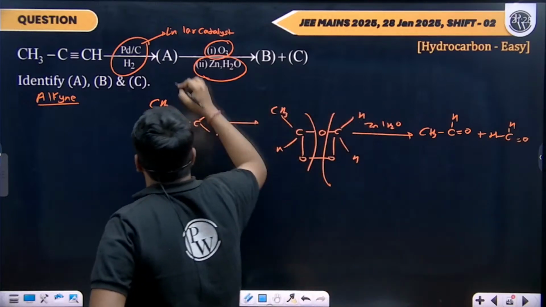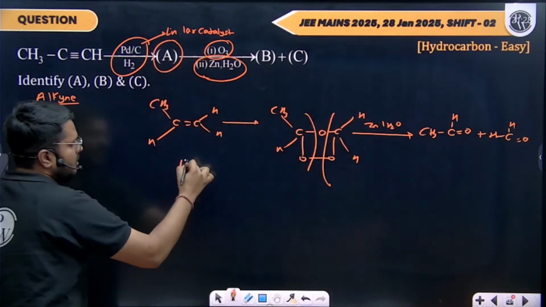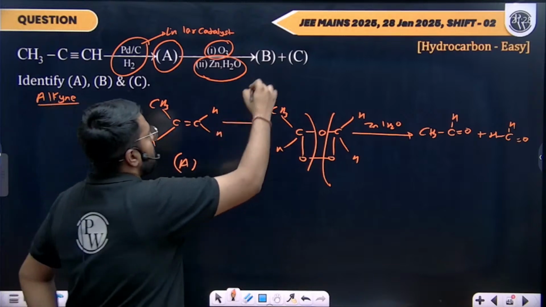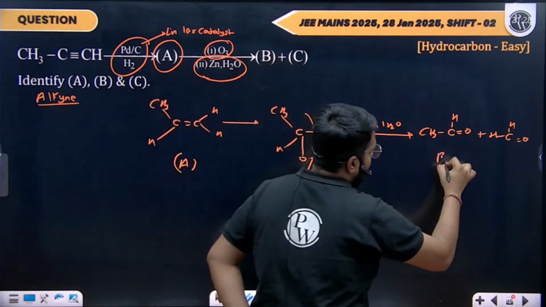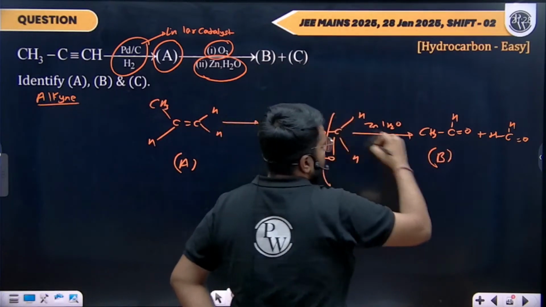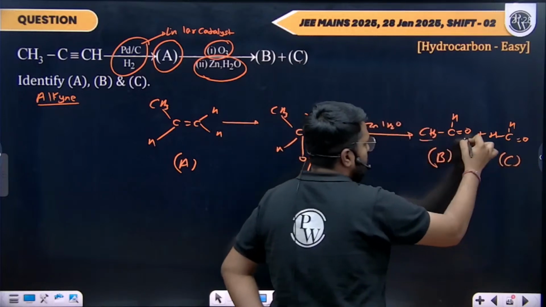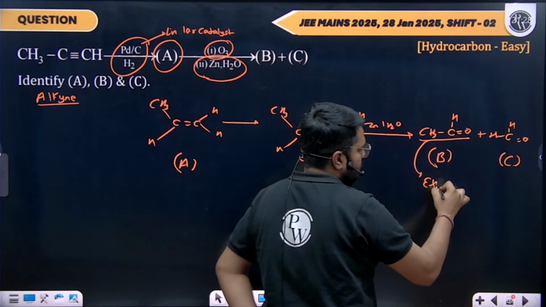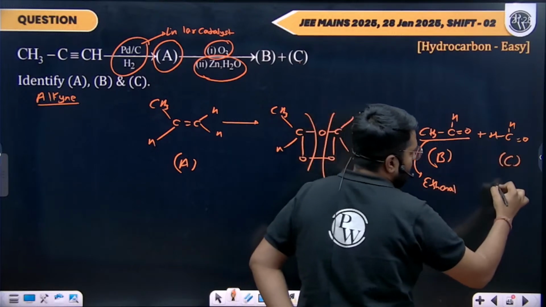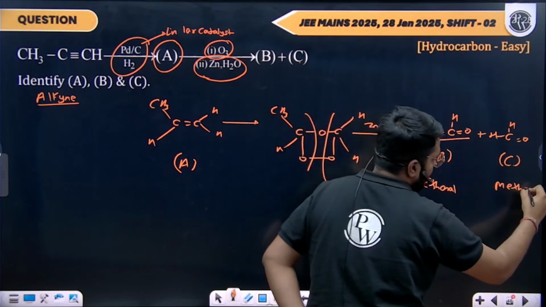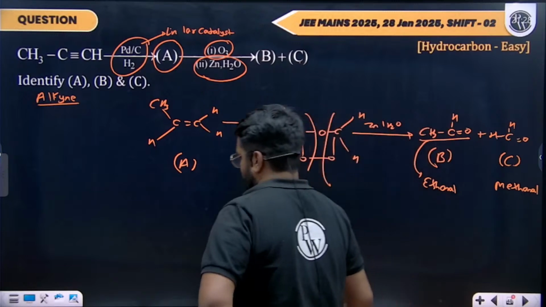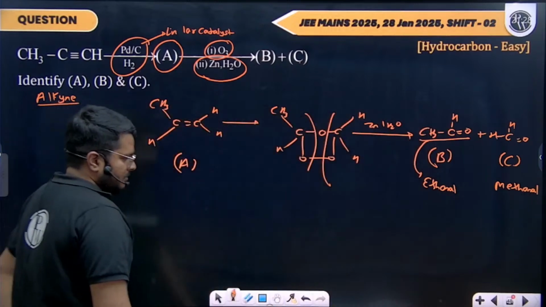So in that question, A is the alkene, B is an aldehyde, and C is again an aldehyde. The compound names are ethanal and methanal, and A is the alkene.